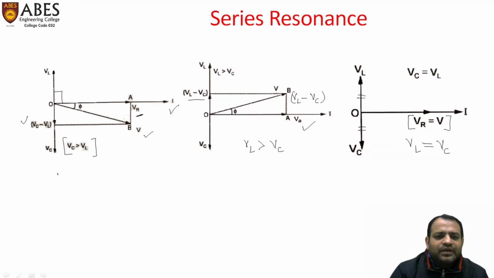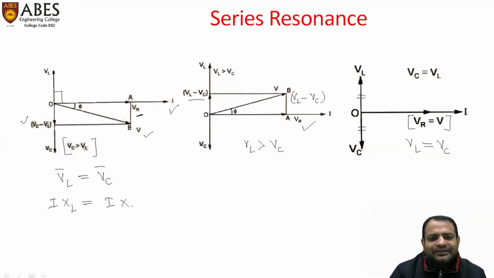So if we are thinking about VL vector is equal to VC in third case, it is possible when VL is equal to I into XL and VC is equal to I into XC. So if voltages are equal and current is always equal because circuit is series connected, then XL is equal to XC.